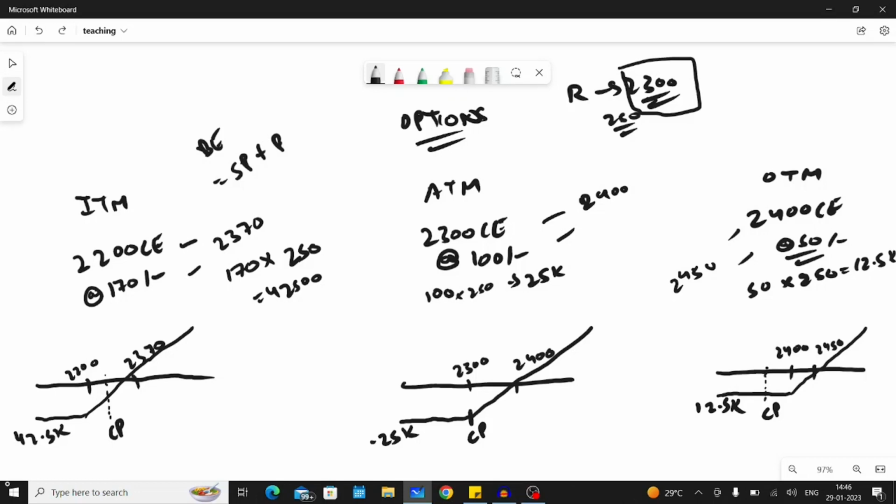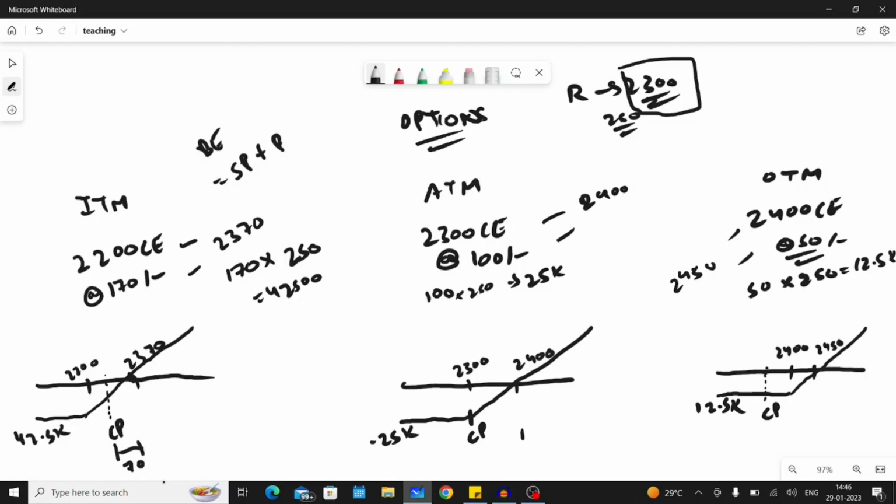Now let's look at the placement of these current prices. So from break even to the current price, the current price is 2300 and the break even is 2370. So this is 70 points.